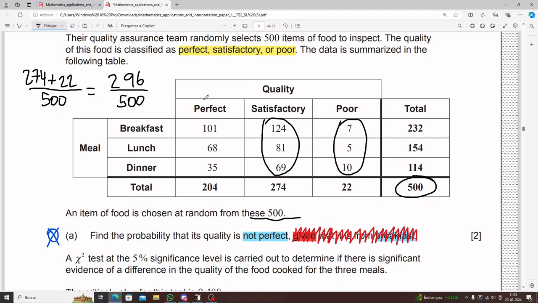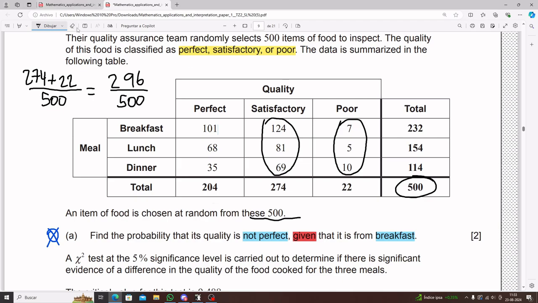That is how you would solve it if this exercise said, find the probability that its quality is simply not perfect. Here's the thing. The exercise puts in the word given.